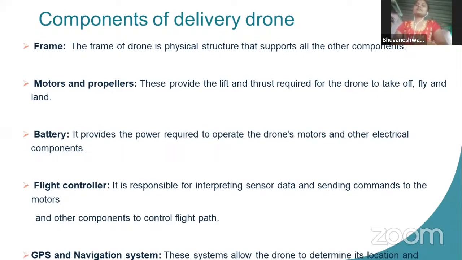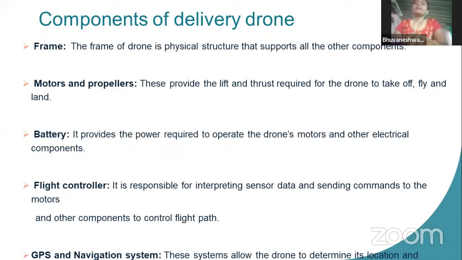Propellers are nothing but two or three blades connected to a central hub that attaches to the engine shaft of a delivery drone. These motors and propellers help with the lift and thrust of the drone, which helps the drone to take off, fly, and land.